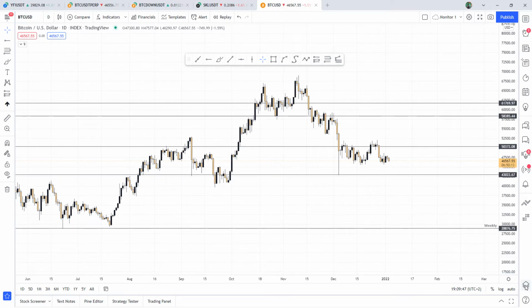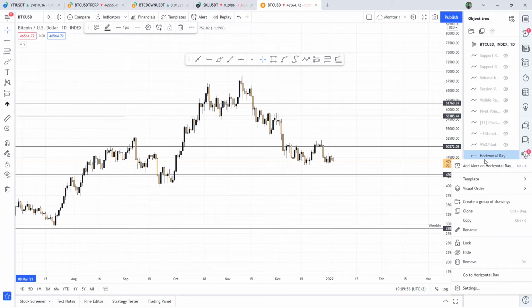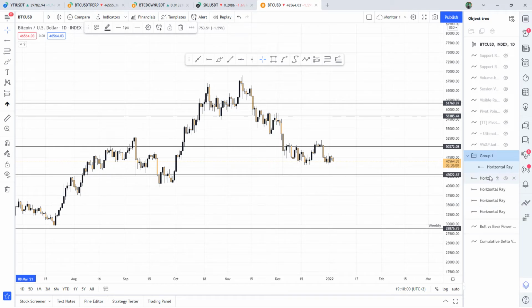you can do this. You can go here on the object tree, click on horizontal line, create a group, and put all of these in this group like this. You can rename this group, for example, weekly levels.